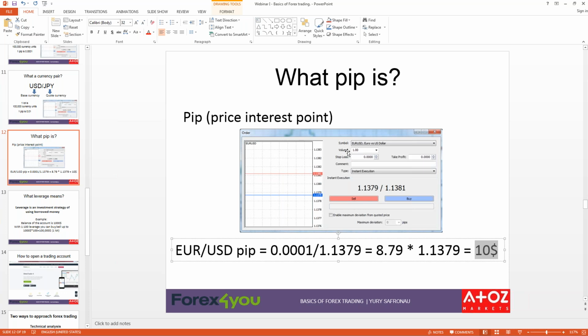So once again, the question was how pips affect return. Basically, the pip is the measure of money on Forex. The change of the currency is in pips, and the value of pips when you open a position is converted into real money. So it directly affects.